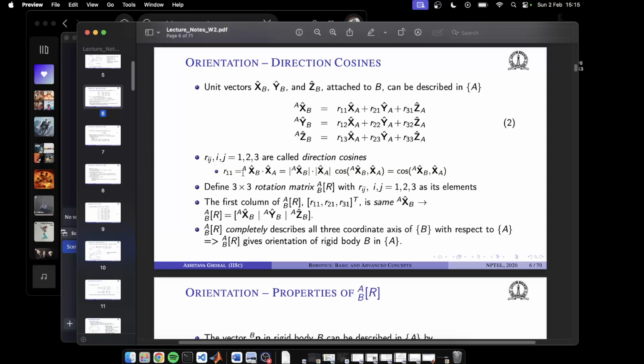So as we know, if we take dot product of two unit vectors, then the resulting thing is the angle between the unit vectors because the magnitude of the unit vector is 1. So these two quantities are 1. And finally, we get the cosine of the angle between the two unit vectors.